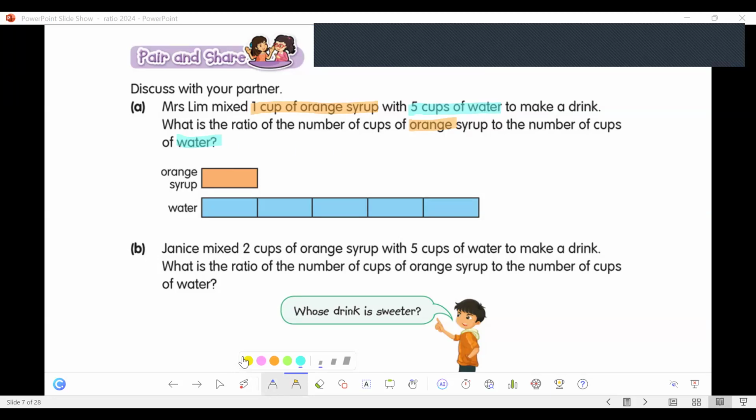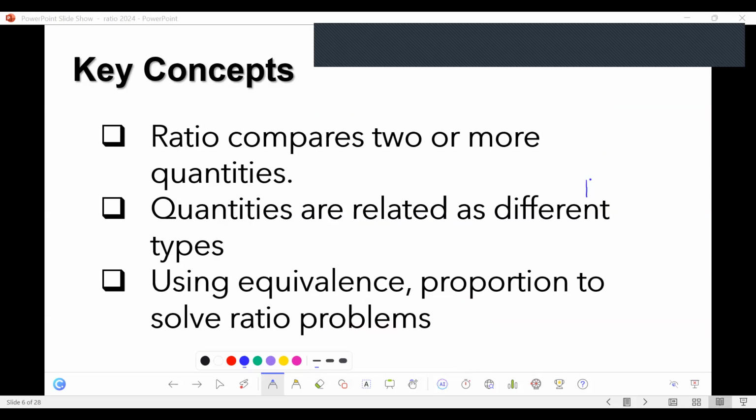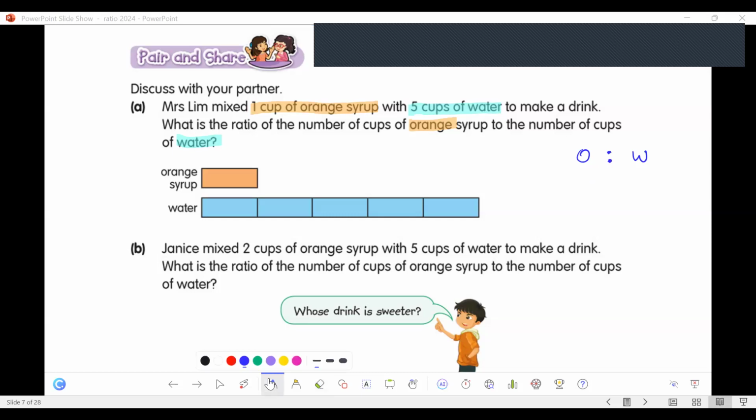So when I write out the answer, I will be writing from orange is to, I write the colon, water. So based on the model that is drawn, the ratio will be 1 is to 5. Is this difficult? No, right? Now you try to draw the model for the next one.